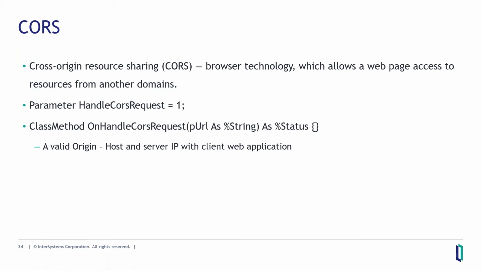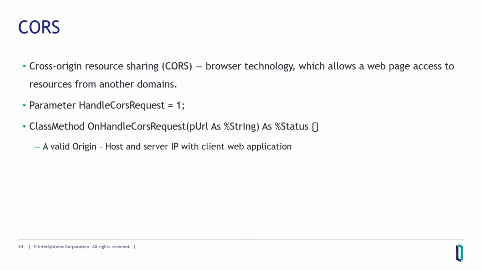And what I'd like to state very clearly is that the parameter is not enough. You can specify the parameter HandleCorsRequest equals 1, and it would work on a development box and it's all fine. But it's extremely insecure on a production box. On production, you should specify the OnHandleCorsRequest class method in which you would hard code the URLs, host and server, with the list of valid origins.